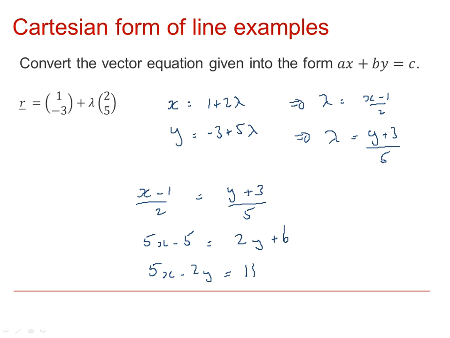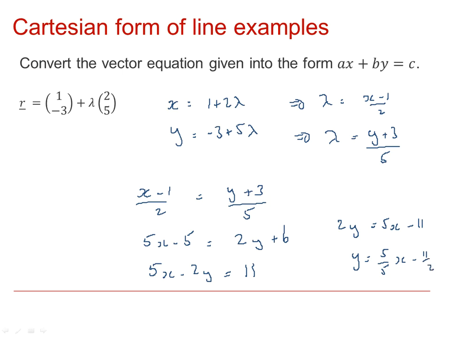Now that completes the question as set, but just to point out that if we were to look at that and write the equation for y, we could see that 2y is equal to 5x minus 11, and therefore y is equal to 5 over 2 x minus 11 over 2.